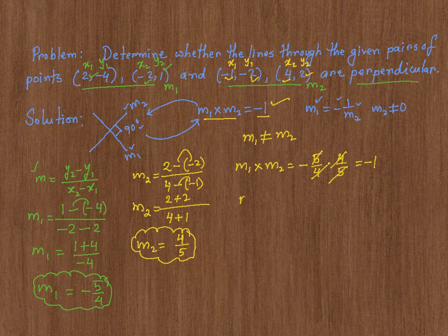So we just showed that the product of the slopes of these two straight lines is negative 1. Which, by the way, is the condition for perpendicularness. Therefore, these two straight lines are perpendicular to each other.